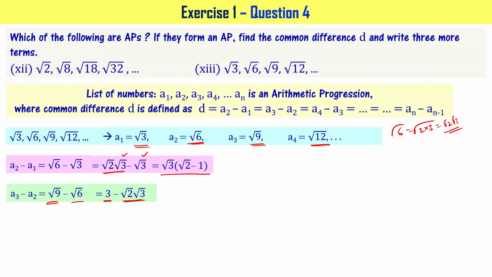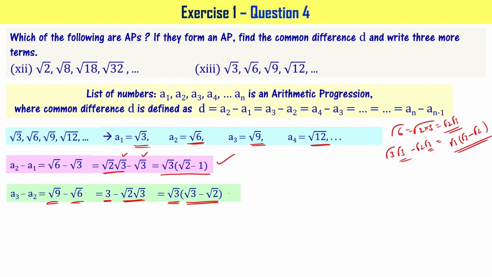Now when you subtract root 2 times root 3 from 3, what you will have is root 3 times (root 3 minus root 2), right? Here, root 9, I can write as root 3 times root 3, minus root 2 times root 3. When you subtract and take root 3 as the common factor out, what you have is root 3 times (root 3 minus root 2), right? That's what we have here.